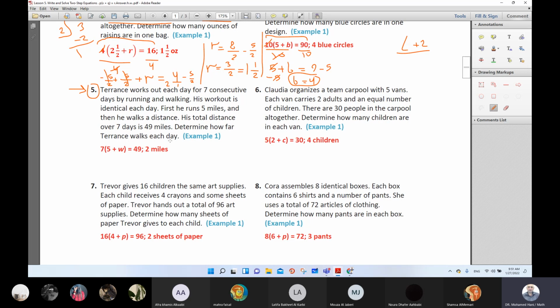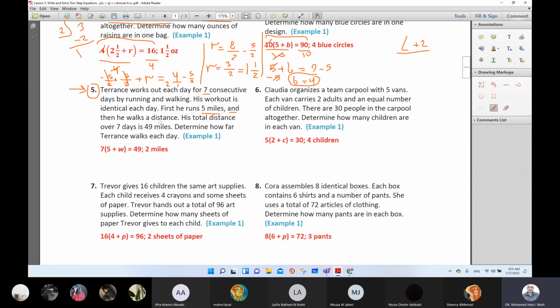Thank you, Latifa. Okay, as you see here, we have 7 consecutive days. So write here 7, open parenthesis. Then first he runs 5 miles, so write here 5, and means plus.